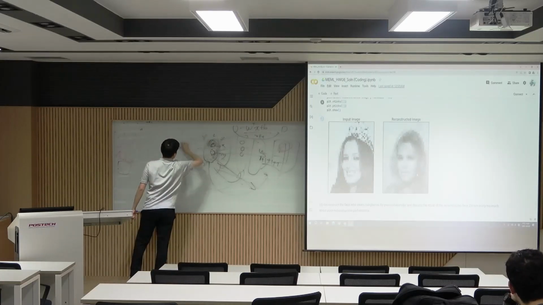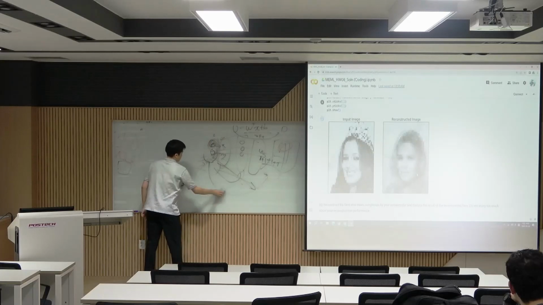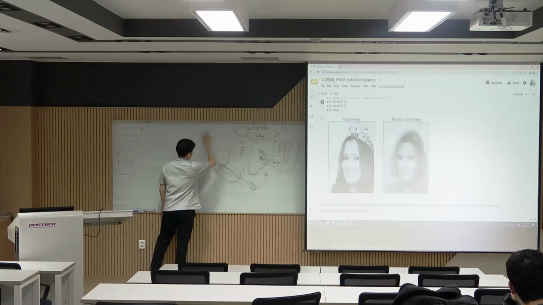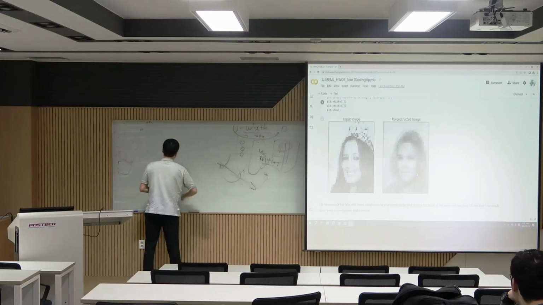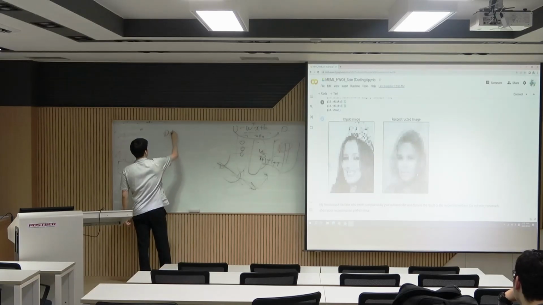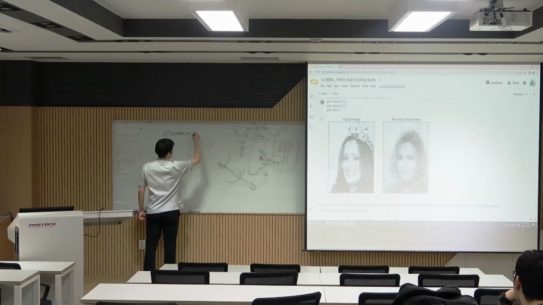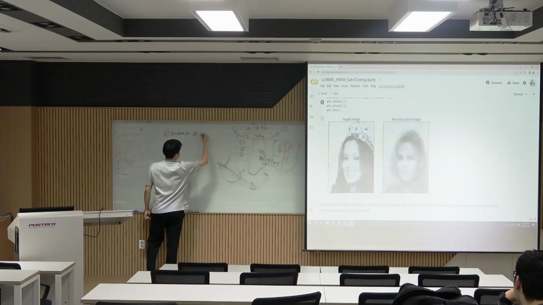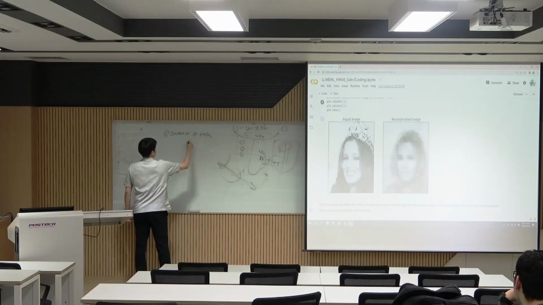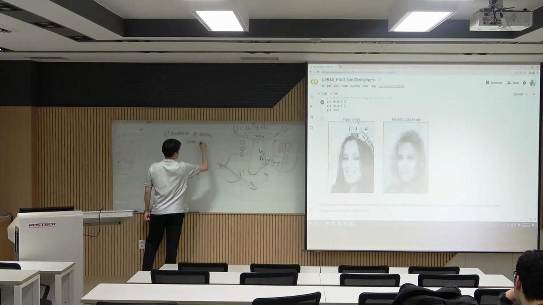So for this kind of problem, you can say there are 2 solutions, okay? The first solution is to increase the number of layers and also the size of the latent space.